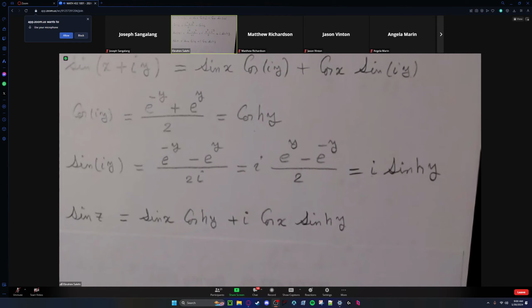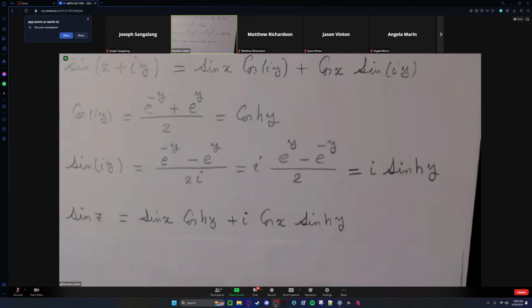Now, the significance of this formula is we wrote sine of z as a complex number. This is its real part, and this is its imaginary part.